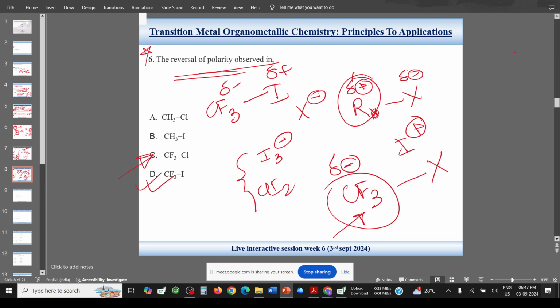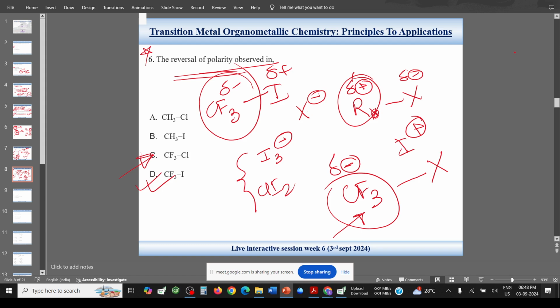With that, we have also discussed one question. CF3 with, and this negative charge favors the nucleophilic attack in the carbonyl metallates.